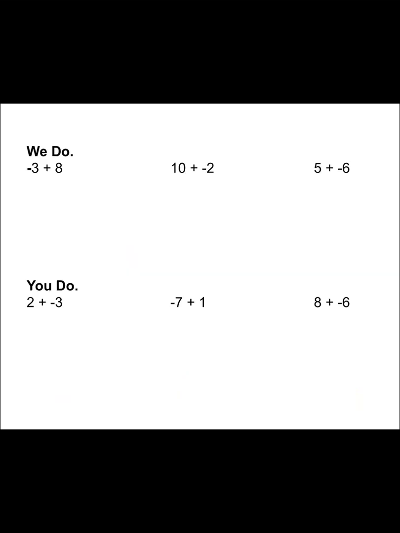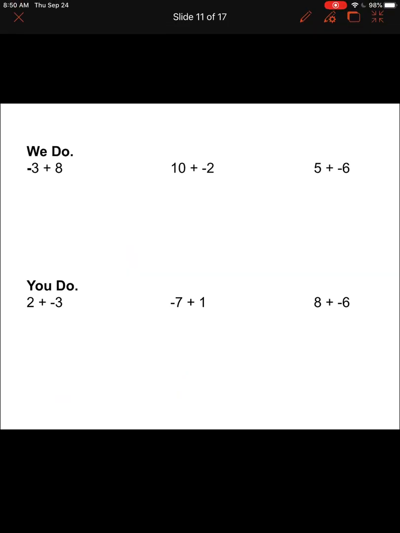Okay, let's try these. We have 3 negatives plus 8 positives. So 3 negatives, 8 positives. 1, 2, 3, 4, 5, 6, 7, 8. Cross out your 0 pairs, and we're left with 5 positives. 10 plus negative 2, we have 10 positives.